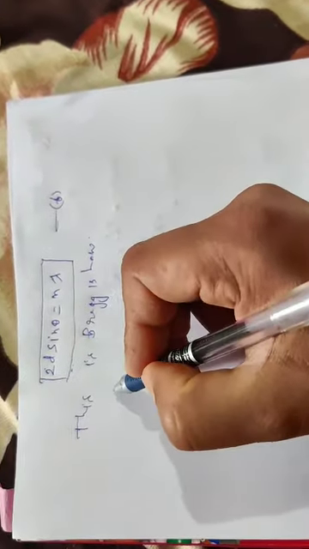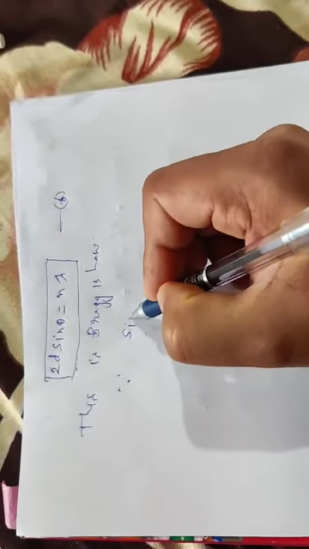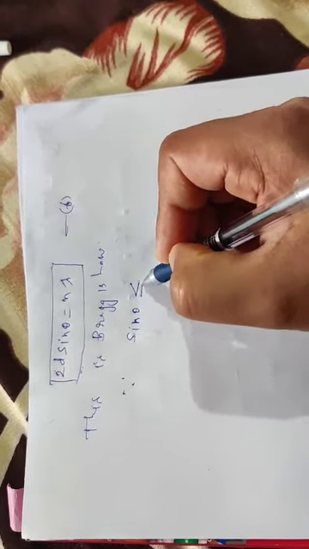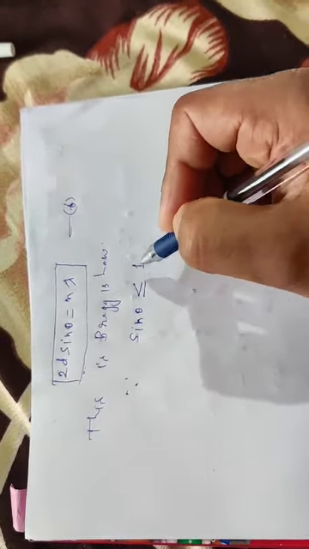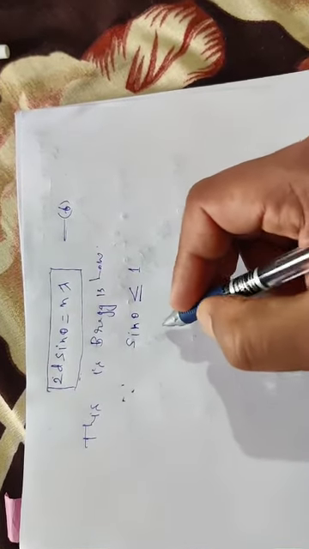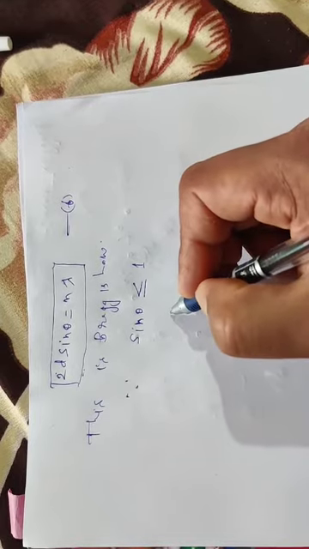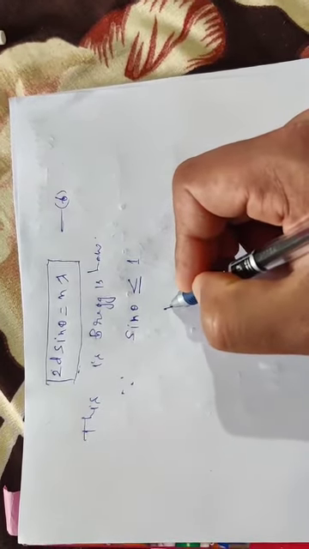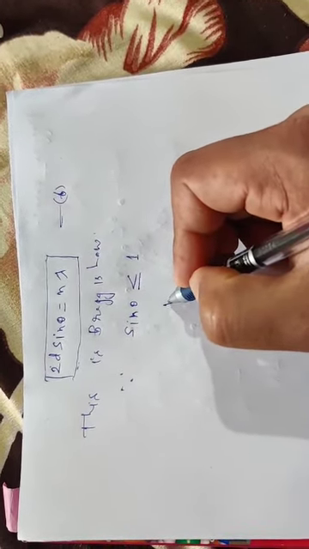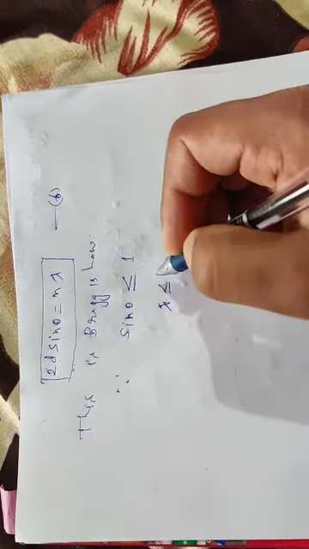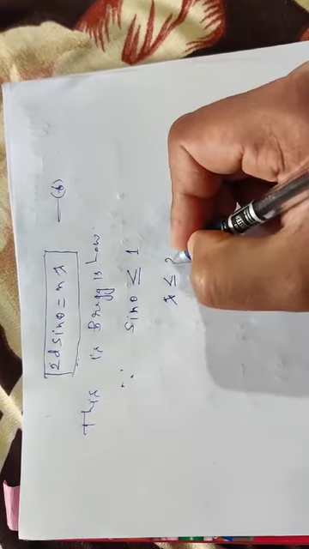Since sine theta is always less than or equal to 1, lambda is always less than or equal to 2d.